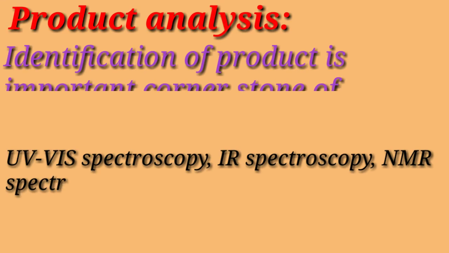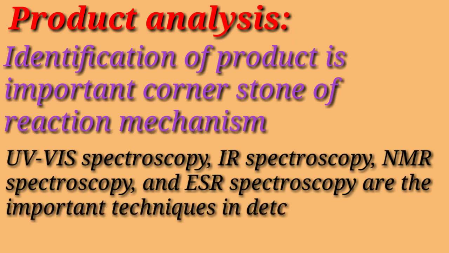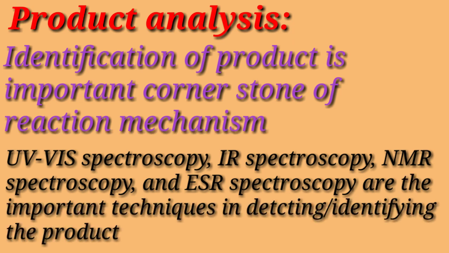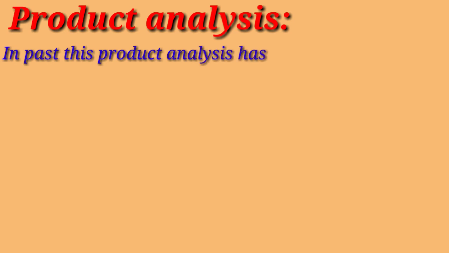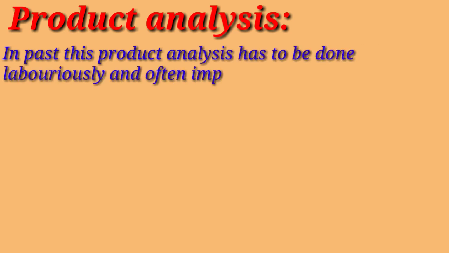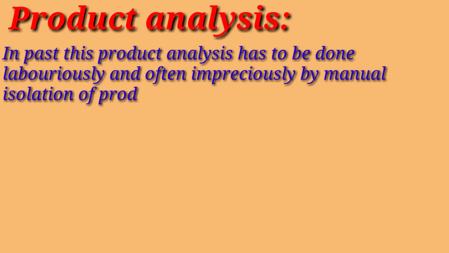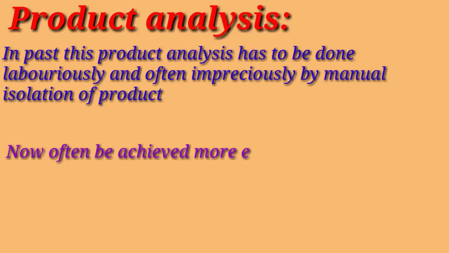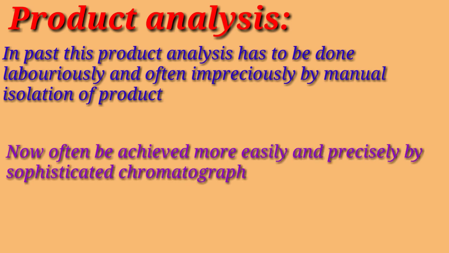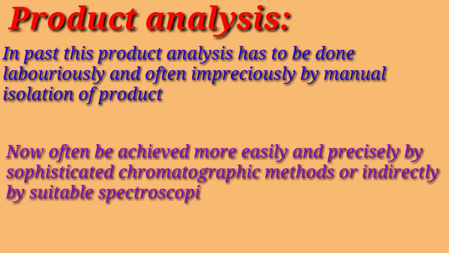So first we shall see how product analysis helps us to determine the mechanism of reaction. In the past, this product analysis had to be done laboriously and often imprecisely by manual isolation of products, but now it can often be achieved more easily and precisely by making use of sophisticated chromatographic methods or indirectly by suitable spectroscopic techniques.